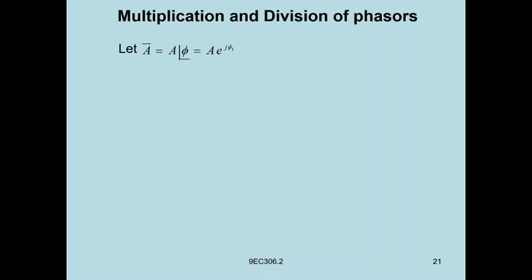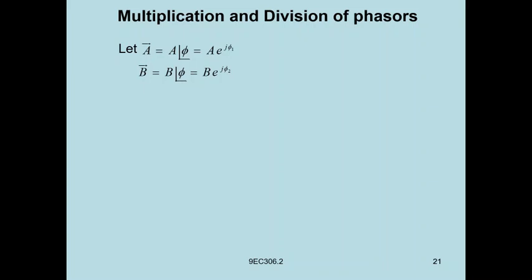See here, let A is equal to A at an angle of phi 1, that is equal to A e to the power of j phi 1. A at an angle of phi 1 is represented as polar form. A e to the power of j phi 1 is represented as exponential form. Similarly, B is equal to B at an angle of phi 2, B e to the power of j phi 2.